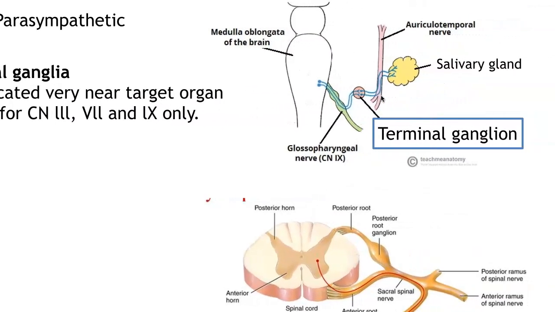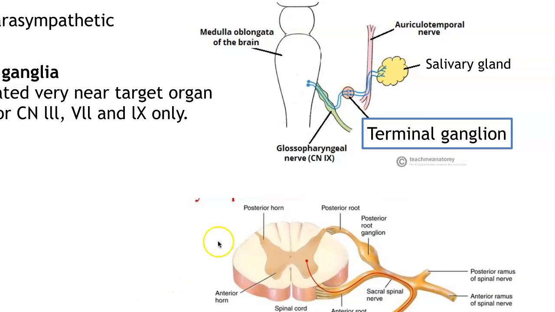So let's see what they look like. So here we have our glossopharyngeal nerve, cranial nerve 9. Now remember, the glossopharyngeal nerve, like all the cranial nerves, comes from somewhere within the brain stem. This one's coming from the medulla. Remember, the glossopharyngeal nerve has parasympathetic nerve fibers.